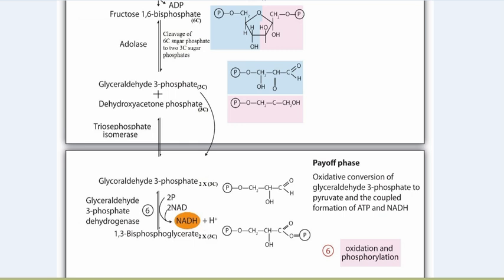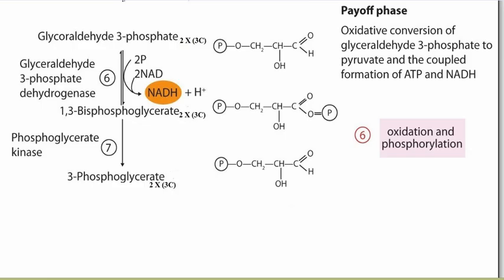Now onwards I am showing you the seventh step. So let's go towards the seventh step. Here it is for you. Sixth step has been completed. Now we are on the seventh step. 1,3-biphosphoglycerate is converted into 3-phosphoglycerate. What does it mean? There were 1,3 phosphates? No. On first carbon and on third carbon, 2 phosphates were there. Now only on third carbon, 1 phosphate is there.